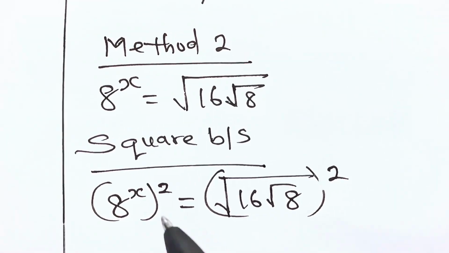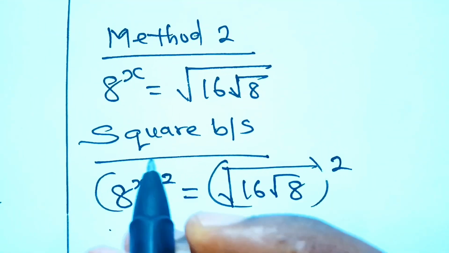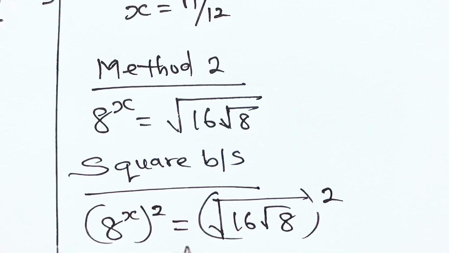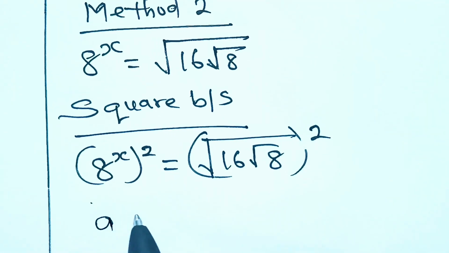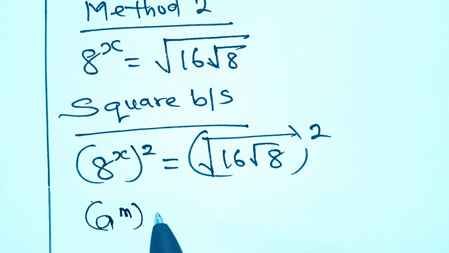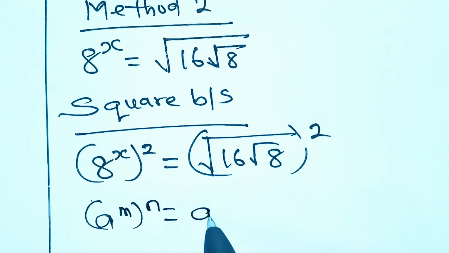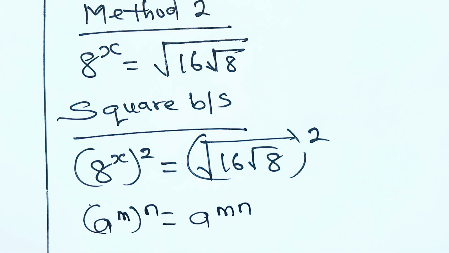Now, remember that a to the power of m raised to the power of n is equal to a to the power of m times n.